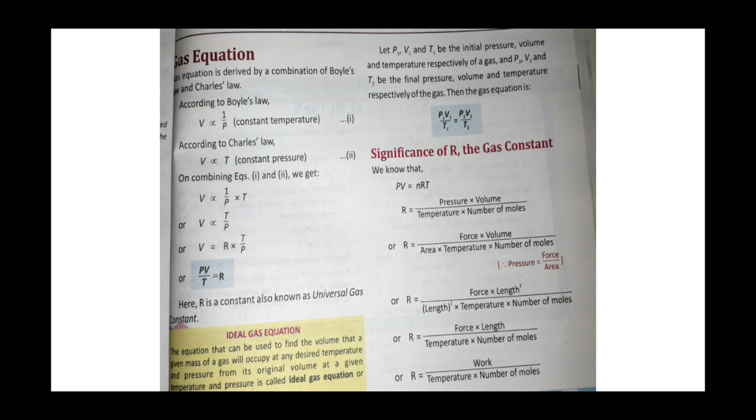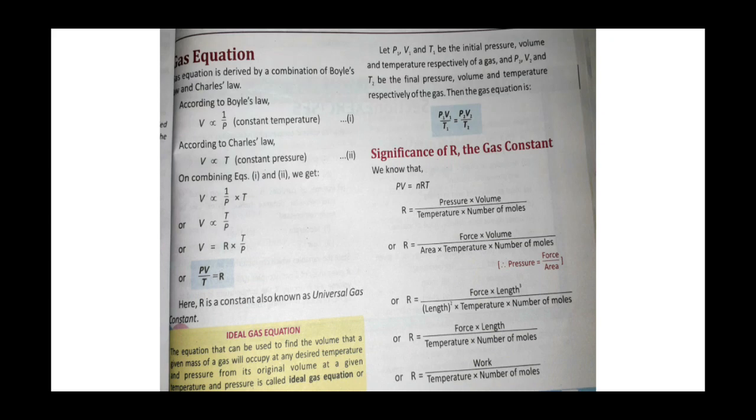The gas equation is derived by the combination, as I told you in my last video, of Boyle's law and Charles's law. According to Boyle's law, V is inversely proportional to P, and according to Charles's law, V is directly proportional to T at constant pressure.